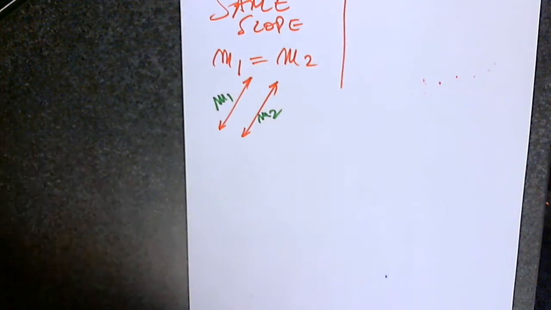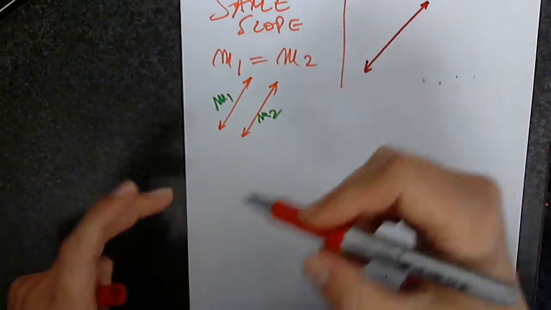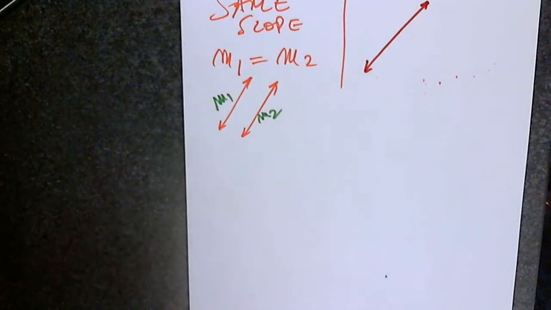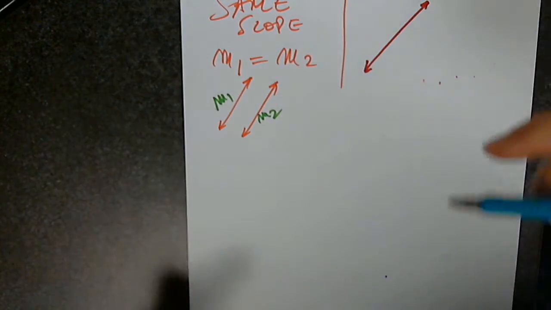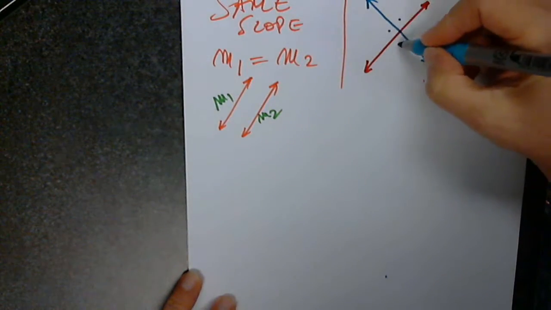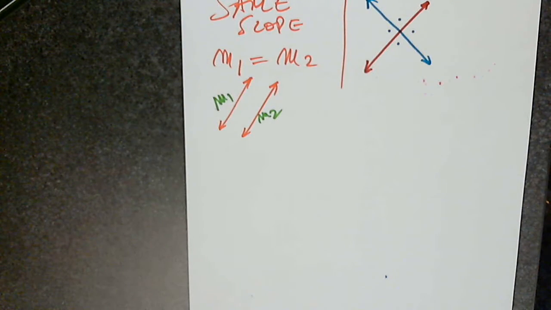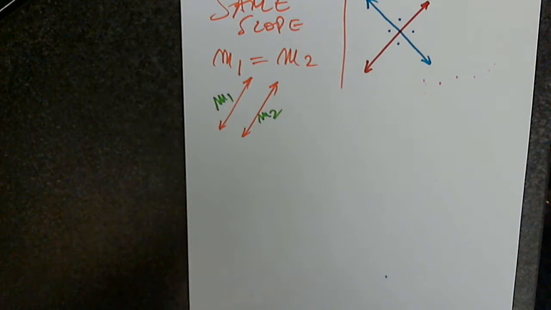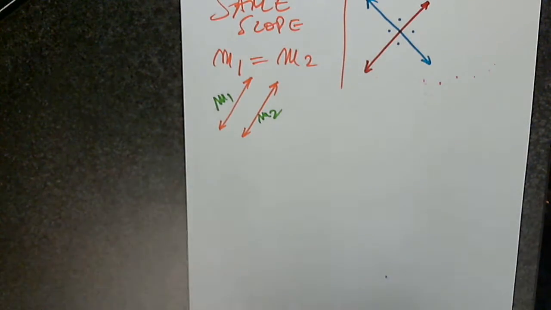Now let's talk about perpendicular lines. Here's a line, and here is a line that is perpendicular to it. Which means they form, I should say, 4 90-degree angles. So this is not this, but this. Right? Okay.